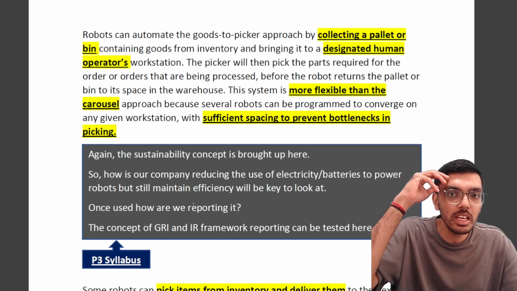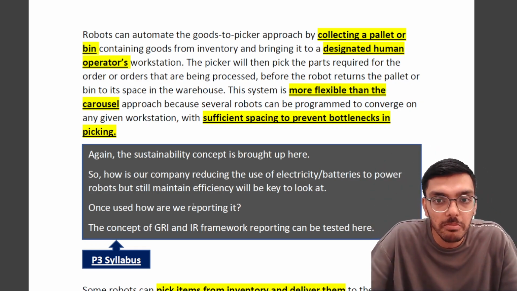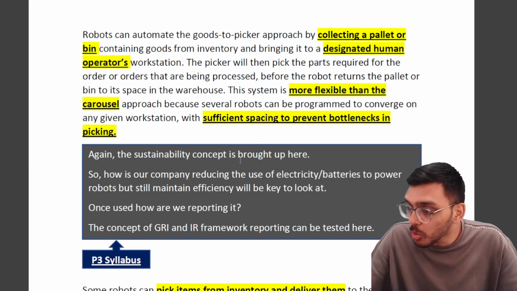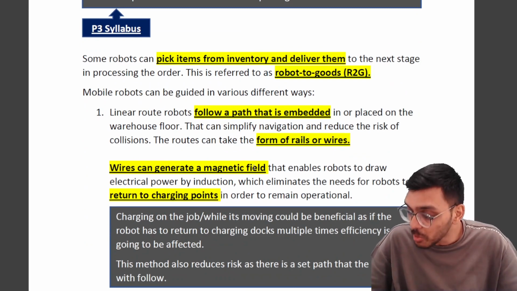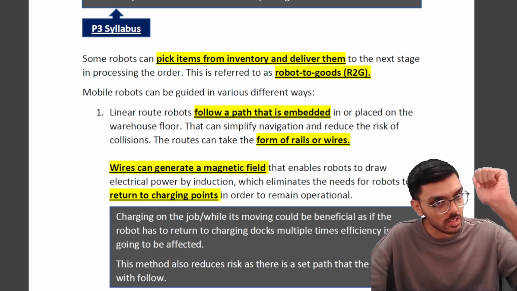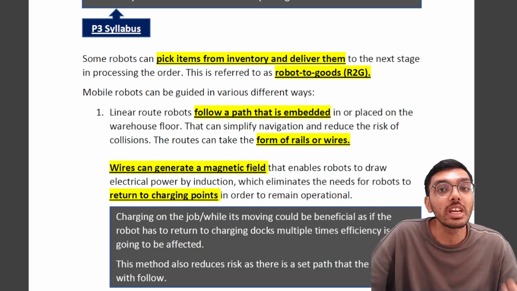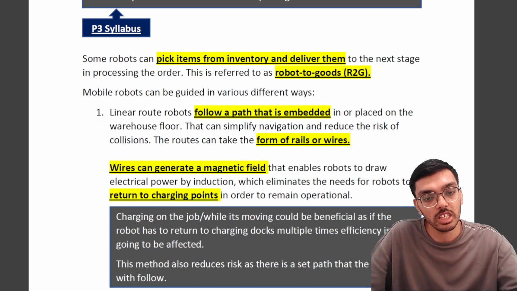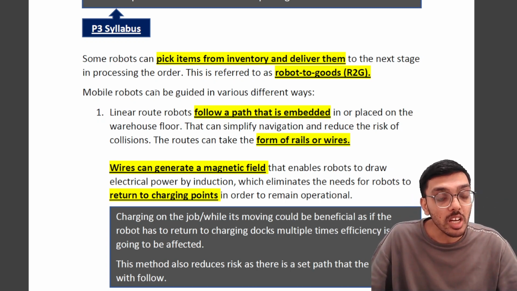So how are we using those concepts for our reporting to tell the world or to tell our investors that yes, sustainability is something that we are looking at. It is something that is important for us. So sustainability, yes, what are we doing for sustainability? But second, how are we reporting it? Reporting in the GRI or IR framework is an important concept that does come up in the exams.